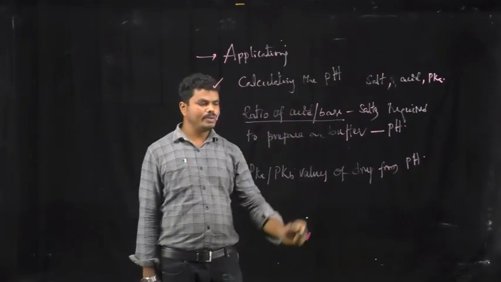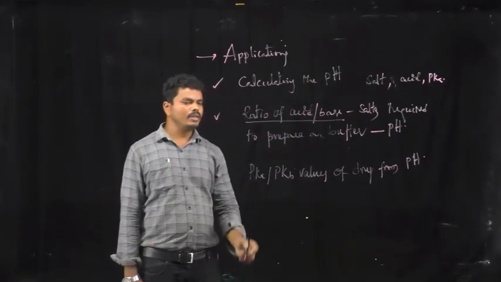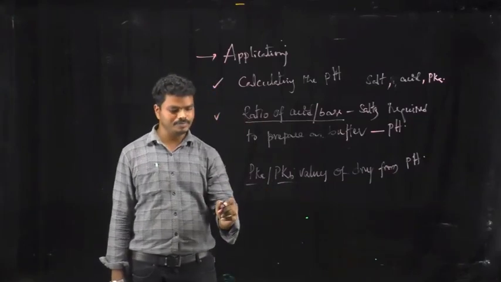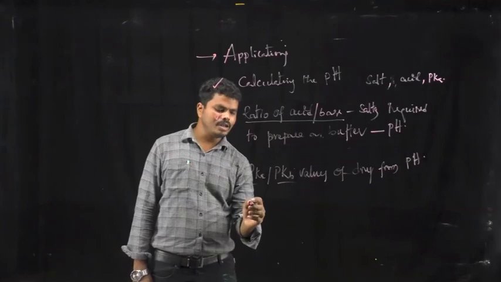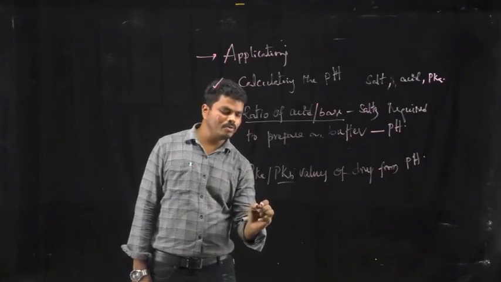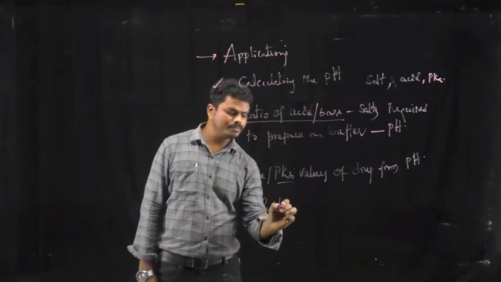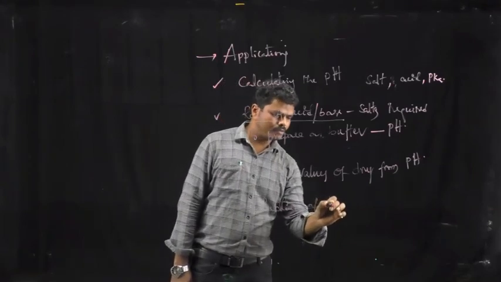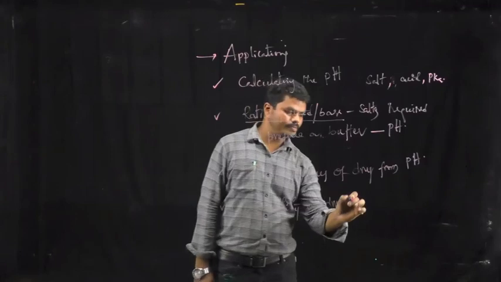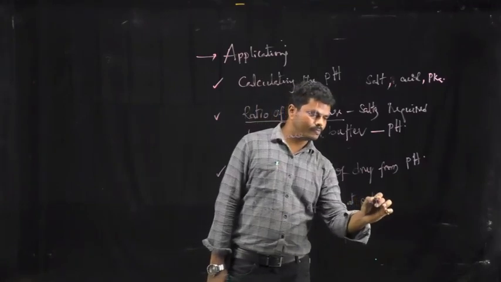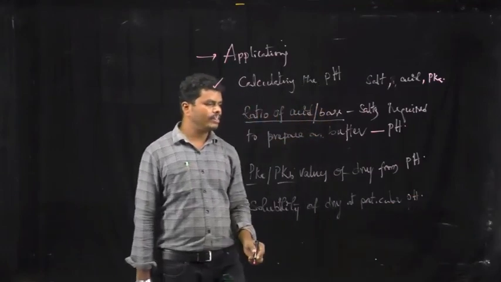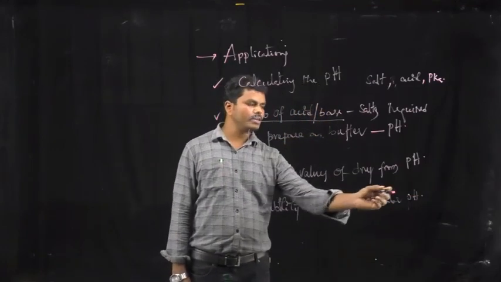So when you know the pH values of your drug, we can calculate the pKa and pKb values by using this equation. It is also used for determining the solubility of the drugs at a particular pH.